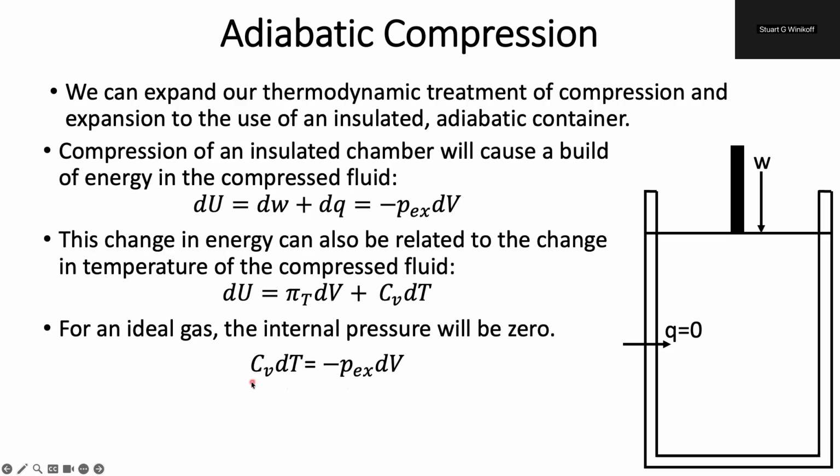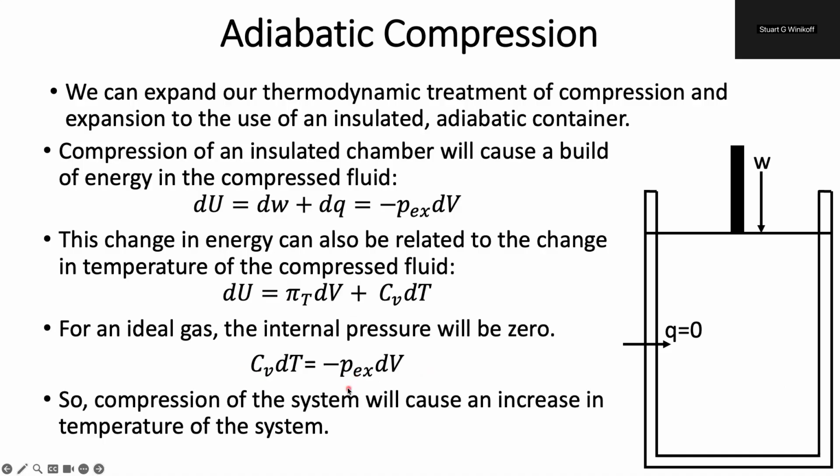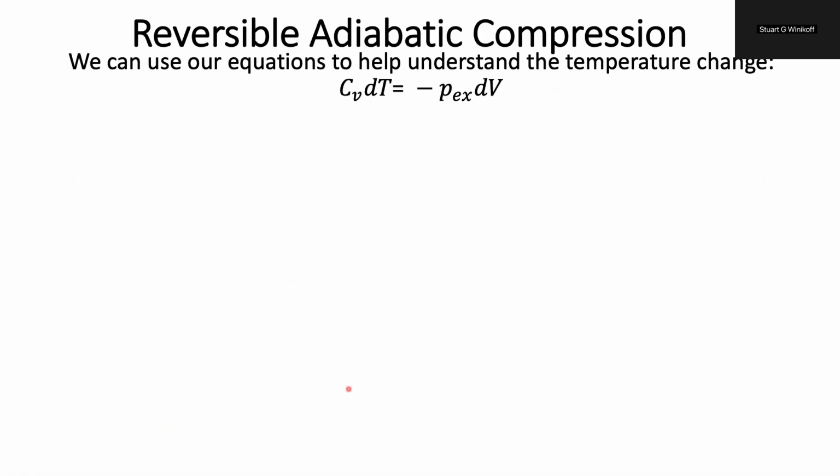And this is actually fairly nice, but do notice that we are neglecting this intermolecular forces term. So we're mostly looking at gases again. But the major idea is by compressing the system, all that energy has to go somewhere, and it goes into increasing the temperature. Now, what we can do is use these equations to help understand what I'd expect to happen to the temperature as I compress the system. How much would the temperature change?